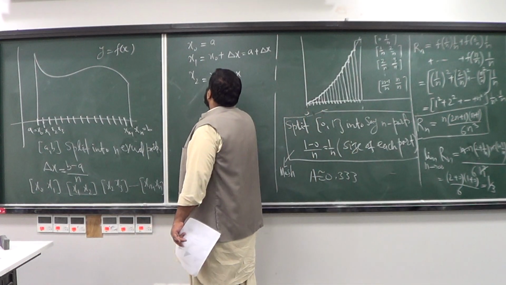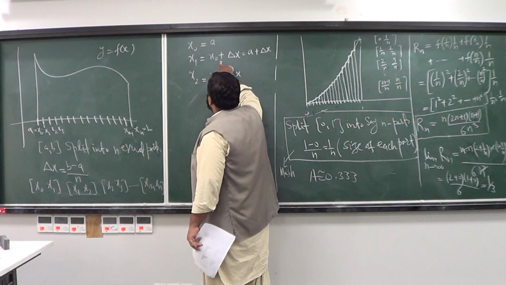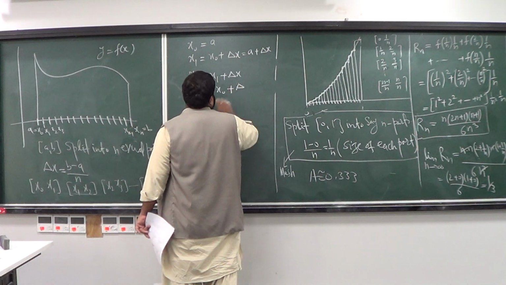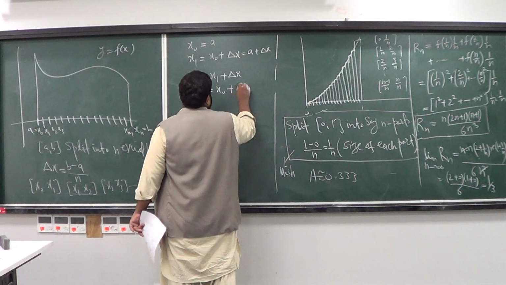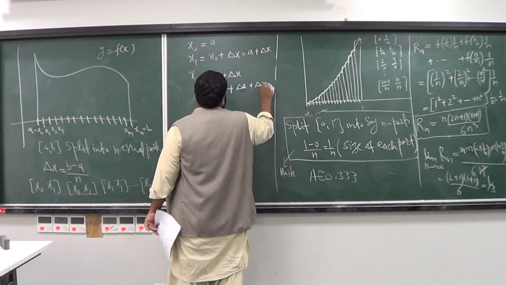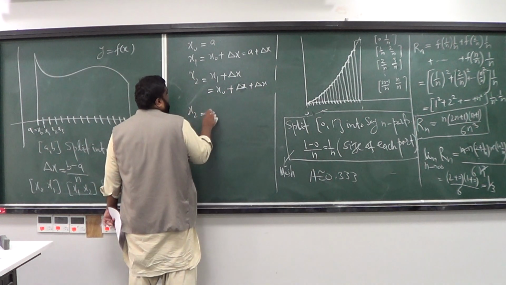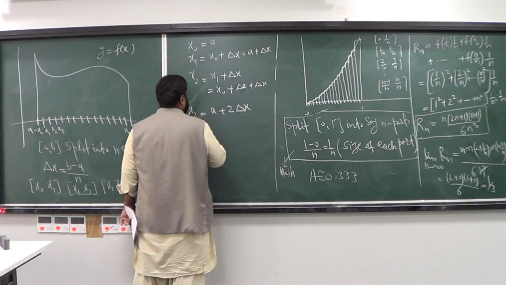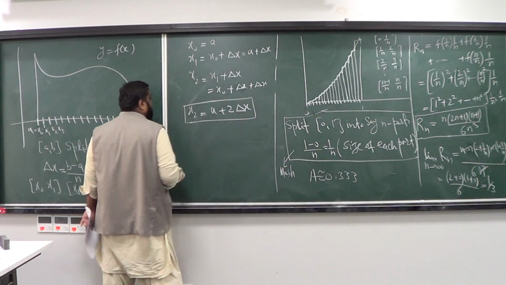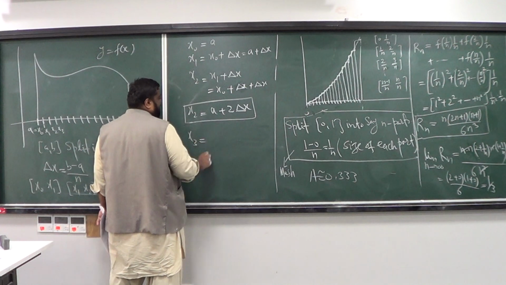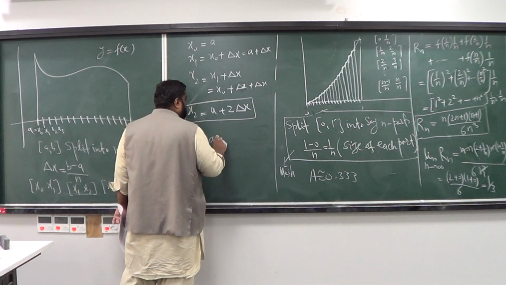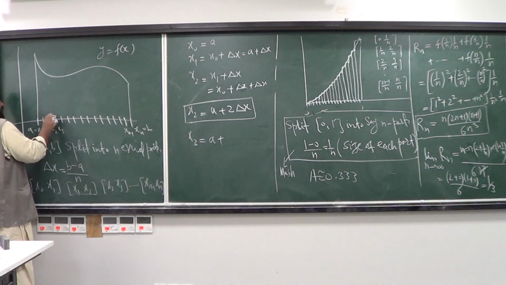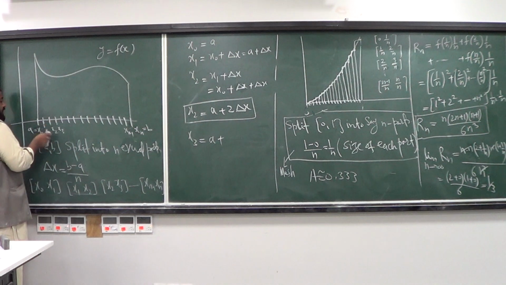But if in this x1 I substitute this, this is going to be x0 plus delta x plus delta x. So my x2 will become A plus 2 times delta x. So this is my x2. And you can guess actually what would be x3. So it's going to be A plus, so say for example I want to reach from A to x3. So what is the distance?